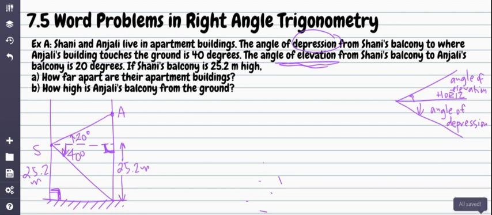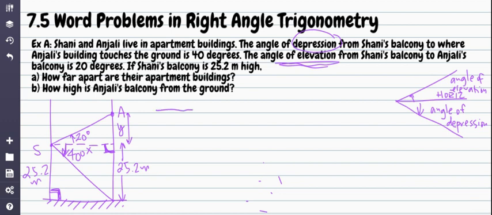And so we want to know how far apart their buildings are. So I'm going to label that X, and I'm going to label the other little distance here Y, from here to here, because I want to know the height of Anjali's balcony. Okay, so I'm going to redraw some of these triangles because there's a lot of triangles going on in here.